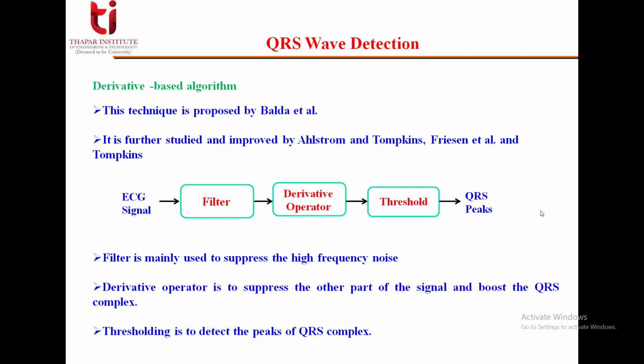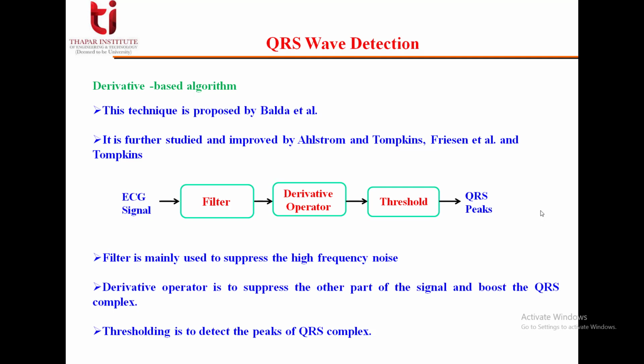Now, as we know, the derivative operator is sensitive to noise. So if you see in this block diagram, they have also included a filter before the derivative operator. We pass the ECG signal to a filter, the output of the filter is fed to the derivative operator, and further it is fed to the threshold to detect the QRS peaks.